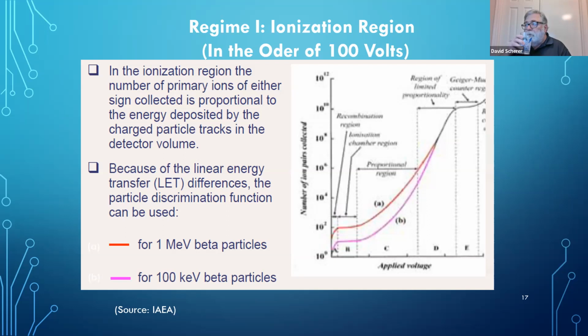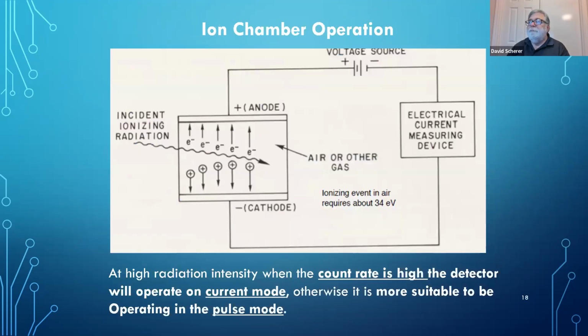And so that's what is shown on this graph. The curve A is for high energy beta particles depositing more energy, so they give more signal. The pink curve B is for a lower energy beta particle, about 0.1 MeV, and so they give less signal as they pass through. Okay.